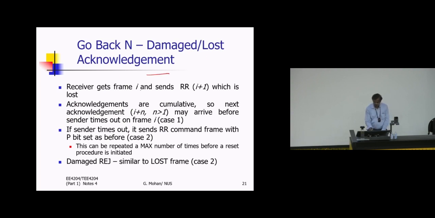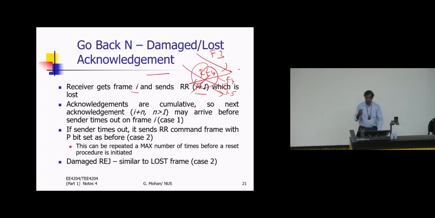Let's say the receiver gets frame I and it sends RR I plus 1. Let's say F3 is received, then it sends RR4. Assume that this RR4 is lost. So it's receiving frame number 4, frame number 5. Note that the receiver doesn't know that RR4 was lost, right?